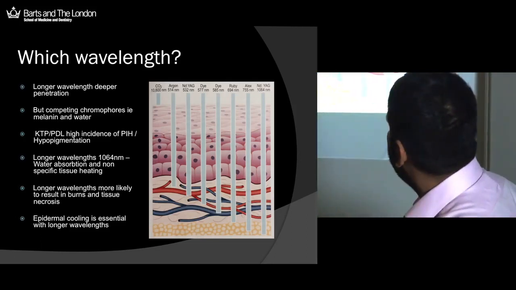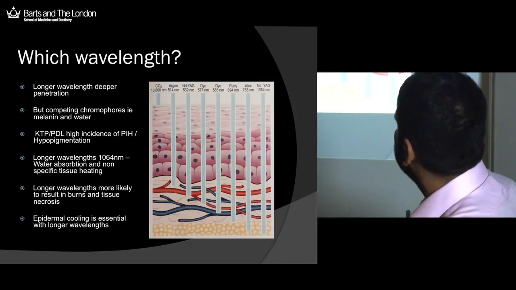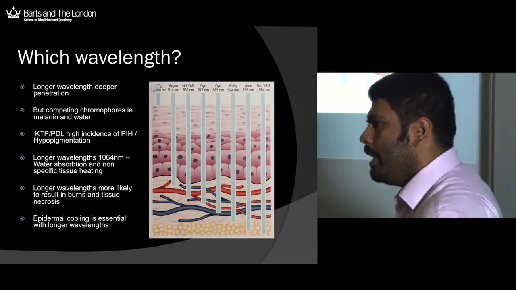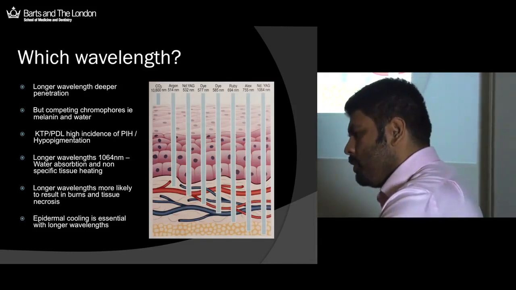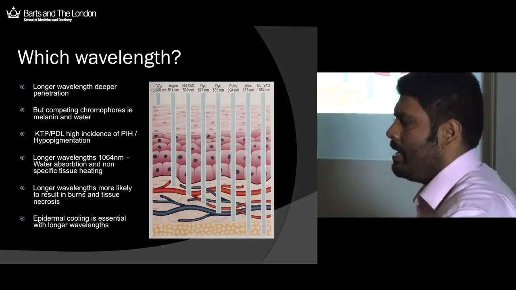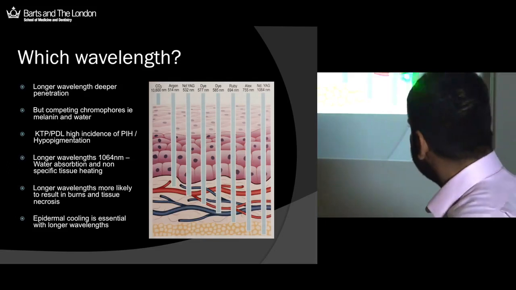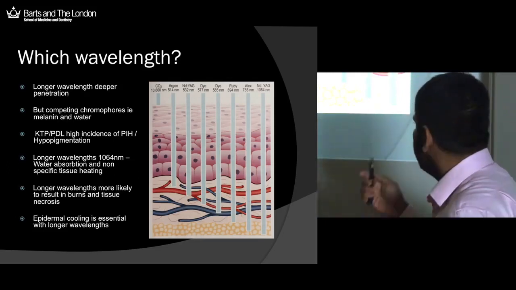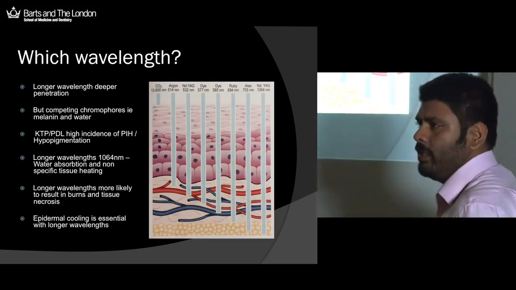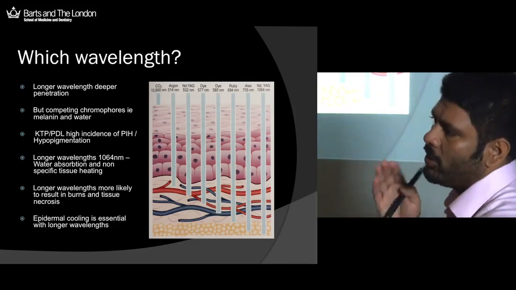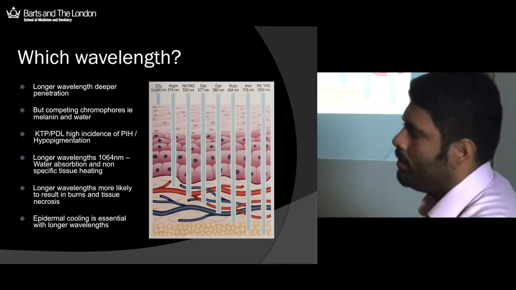If you use a more poorly absorbed wavelength, such as the Nd:YAG, which does have an absorption peak in the hemoglobin absorption spectrum, so it does actually get absorbed by hemoglobin, it causes more of a diffuse heating throughout the vein that causes much more through and through damage through the vessel.